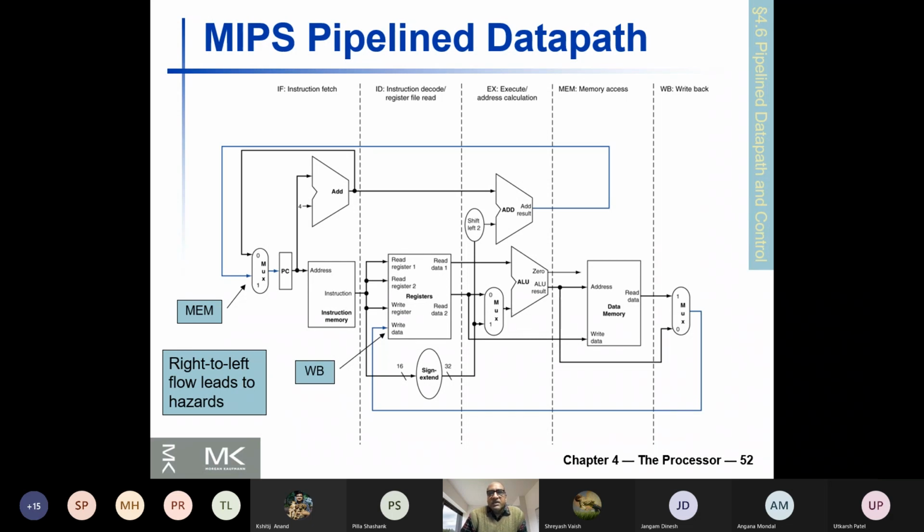So we have seen the simpler design, known as a single cycle processor. It means that all instructions will be executed in one clock cycle, whether the instruction takes less time or a long time.